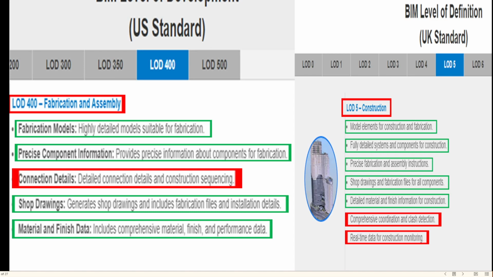Detailed connections and construction sequencing is included in the US standard, while comprehensive clash detection and real-time data for construction monitoring are included in the UK standard.